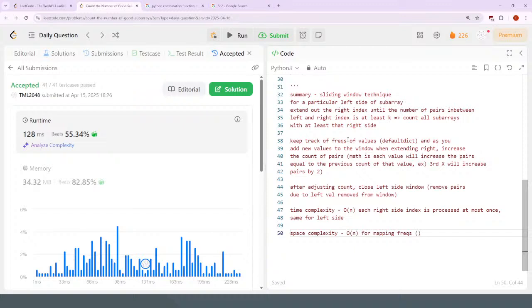No, technically, yeah, almost O of n. The range of values is bigger than the number of numbers, but then the number of numbers could be how many spots are within the mapping. Using default dictionary.